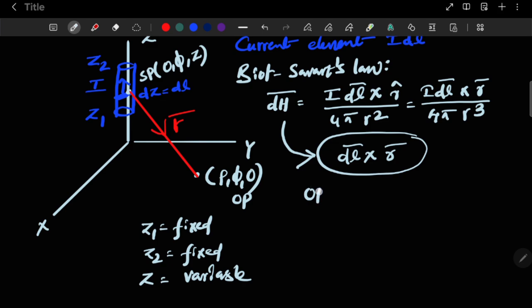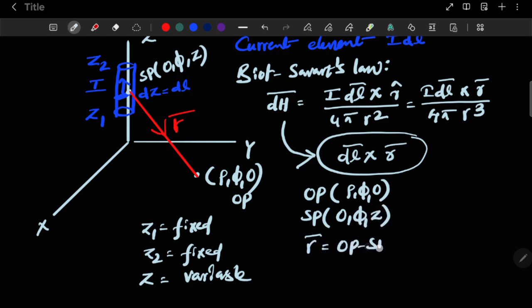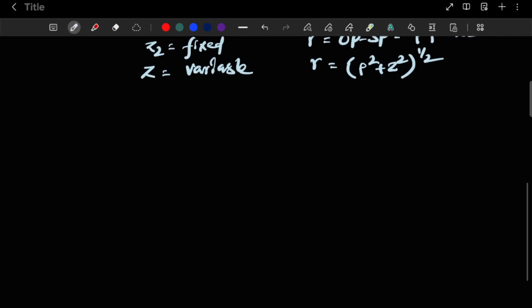I'm writing here OP is rho comma phi comma 0, SP is 0 comma phi comma z, and R bar is equal to OP minus SP, that is equal to rho rho cap minus z into z cap. And if you want the magnitude of R, that is rho square plus z square power 1 by 2. Okay, so we are ready to substitute in the Biot-Savart law.